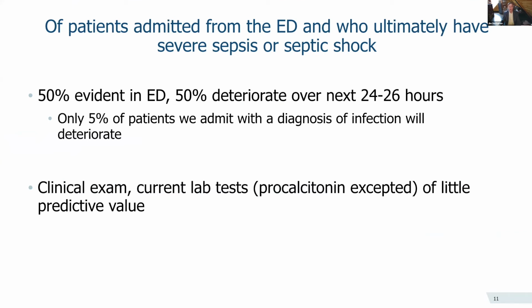We're not very good at identifying them in the emergency department because 50% of people who go into severe sepsis or septic shock in the 24 to 36 hours after admission, we can't identify and predict in the emergency department. Clinical exam and current lab tests are of almost no predictive value for identifying that 50% that we don't identify in the emergency department.